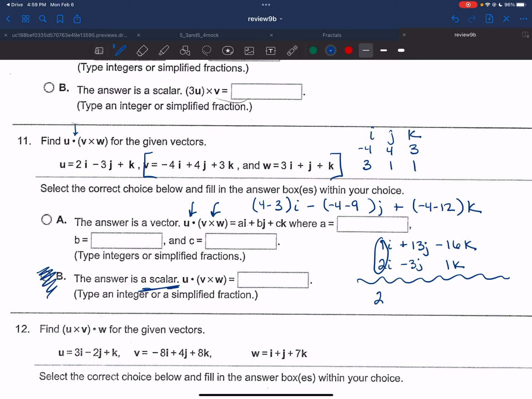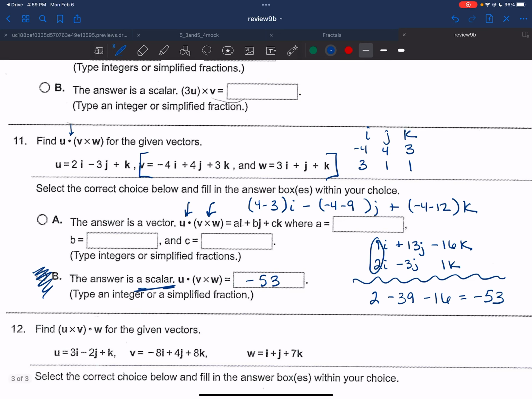There's a negative in there, so that's a negative 39. And then negative 16 times 1 gives me negative 16. Because this is scalar, notice that all the i's, j's, and k's have dropped. So 2 minus 39 minus 16 is a negative 53. So negative 53 is our final scalar quantity.